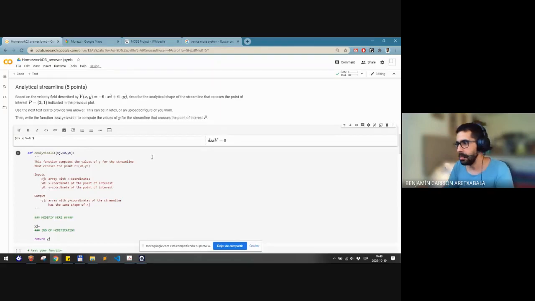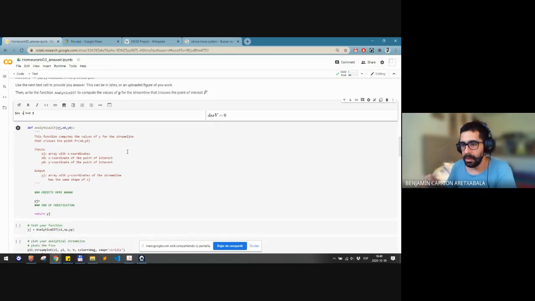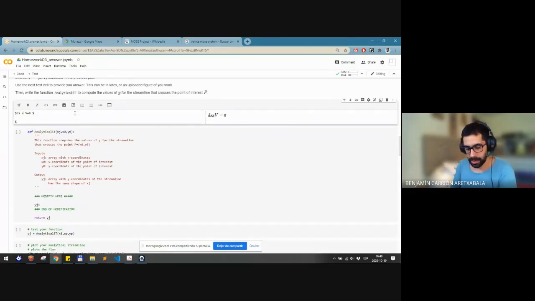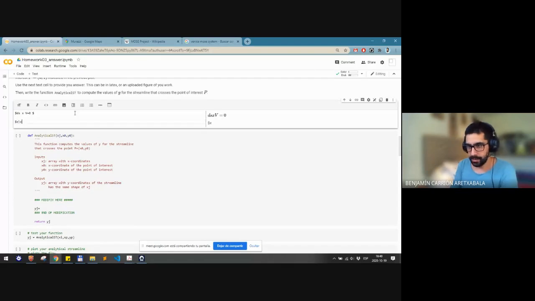So the cross product has to be 0, right? And we've done this in class. Maybe you can review it, but basically you end up with a function x times y equals some constant.